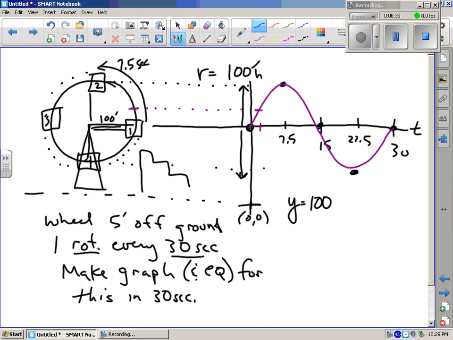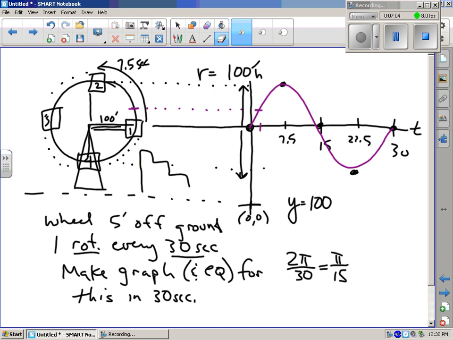Then I have to figure out the period. Well, it's 30 seconds. So it's 2 pi over 30, which is pi over 15. 30 is the period. 2 pi over b helps you get the number in the equation. So I have 100. Oops, I gotta put my sine word in there.